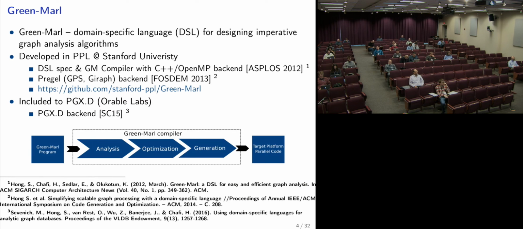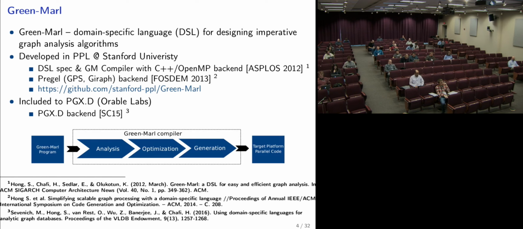Then, after one year, new backends were developed based on the Pregel computation model, specifically on the GPS and Giraph libraries, which enabled running Green-Marl programs on distributed systems.